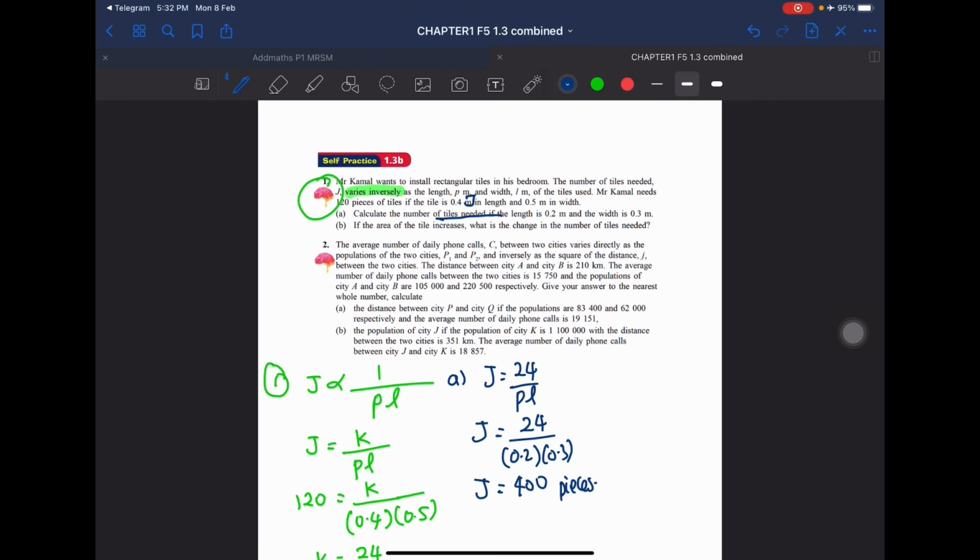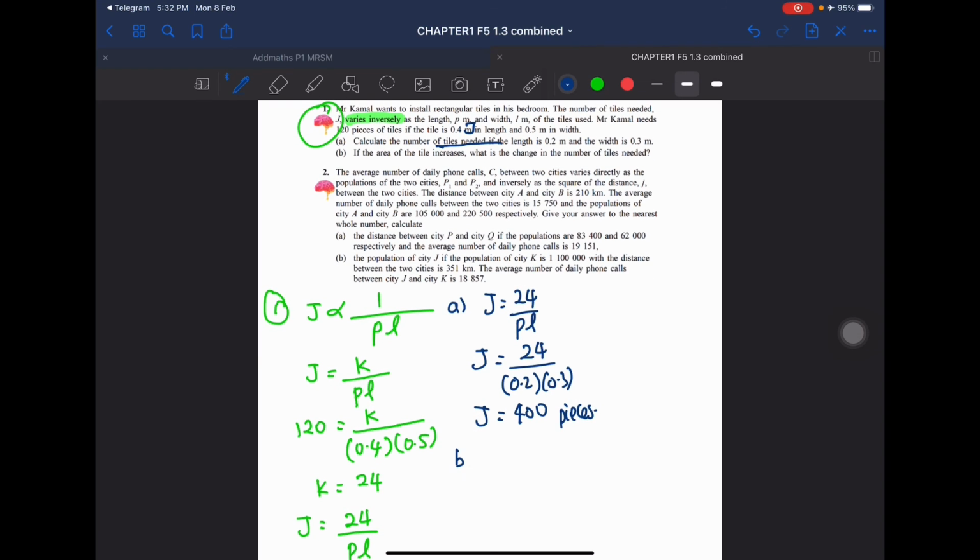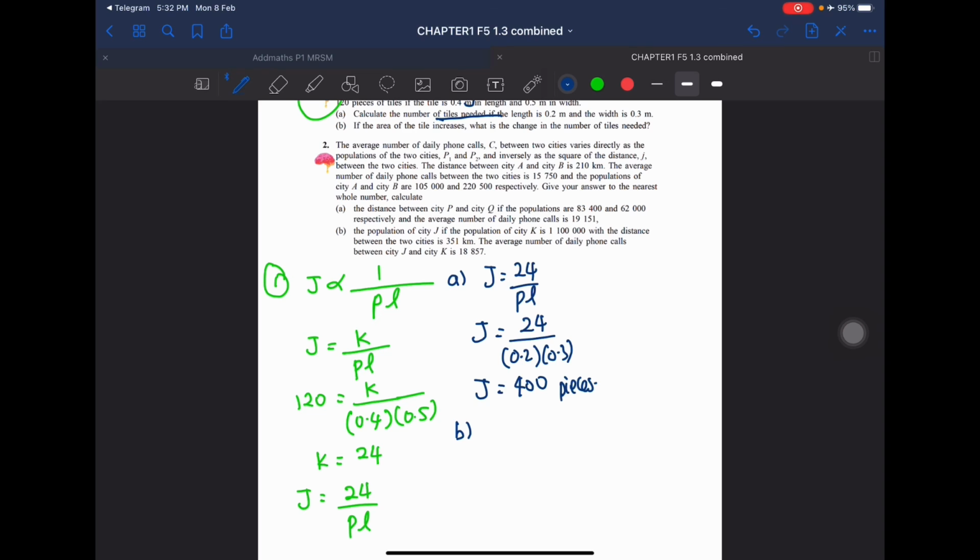Next, B. If the area of tiles increases, what is the change in the number of tiles needed? Look back at your variation. You have J equals 1 over PL. What can we say about this relation? If the area of the tile increases, so this is the area of the tile, right?